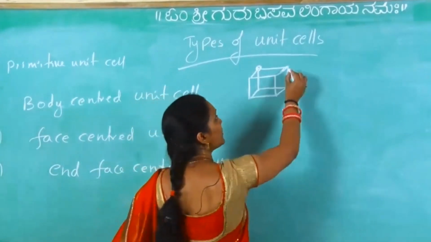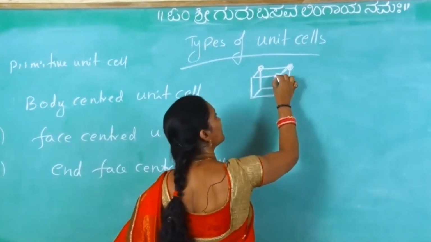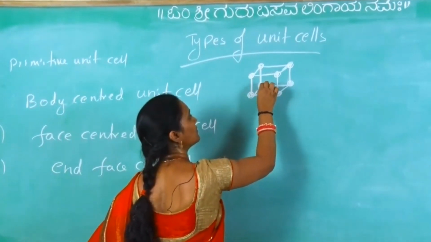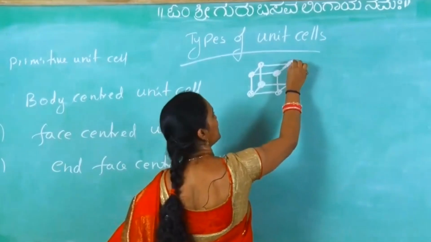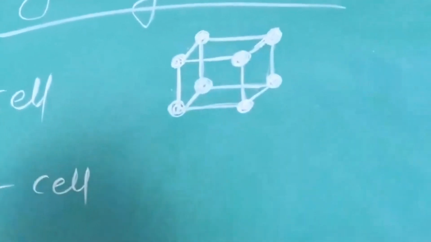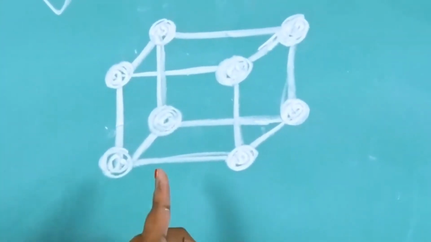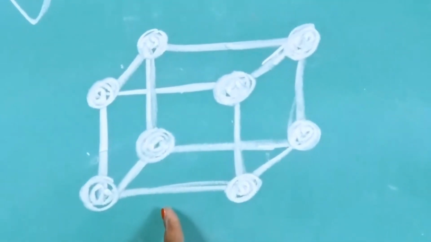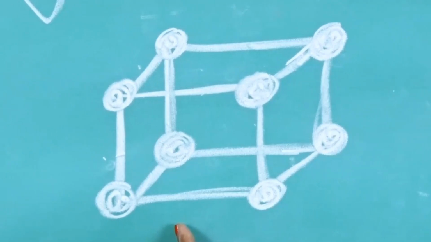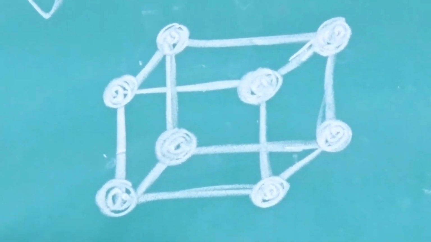Primitive means constituent particles occupy only corners. If constituent particles occupy only corners, that unit cell is called a simple unit cell or primitive unit cell.